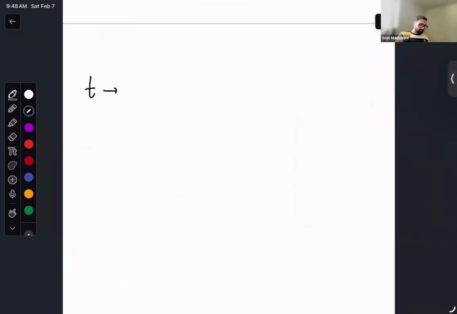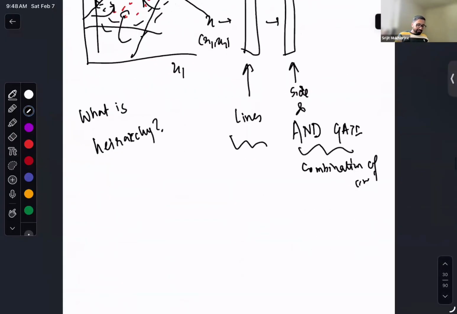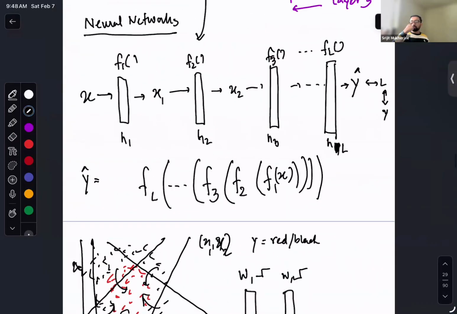One more thing, in response to Shubhranshu's doubt, that how are these functions, these layers defined? These layers are the only things where you can do it differently for different data sets. These layers are different for different data sets. For example, in a convolutional neural network, for images, these layers are convolutions.